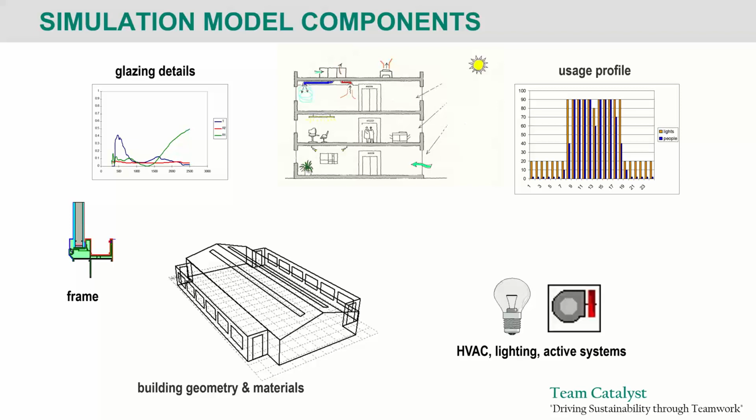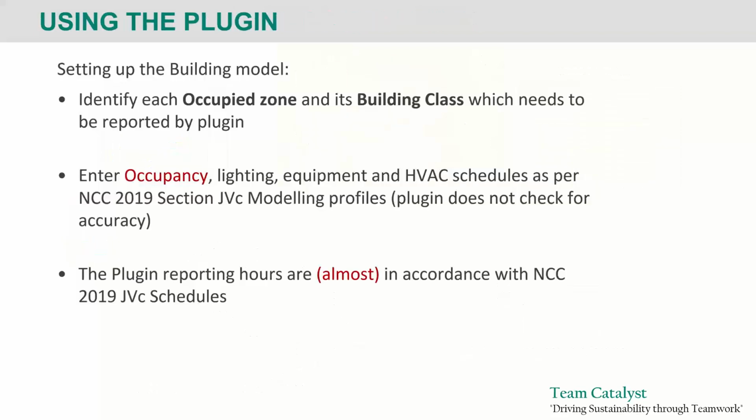And for the purpose of the NCC, these schedules are defined. So for the use of the plugin, you need to input some of these things into the model. So let's just take a quick look at that. You need to let the model know which zones you are looking to report on.